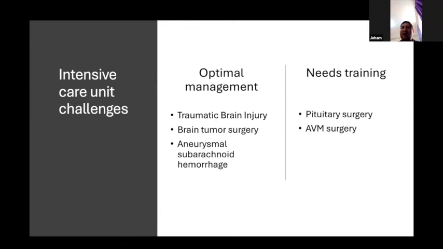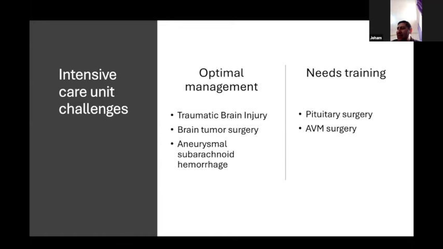But we had a lot of trouble with some special cases, for example pituitary surgery, because we get very large, very big tumors, and they had to go to intensive care. The personnel there couldn't manage well the endocrinological aspect of pituitary surgery, especially the use of desmopressin or vasopressin a few hours after surgery, for the diabetes insipidus.